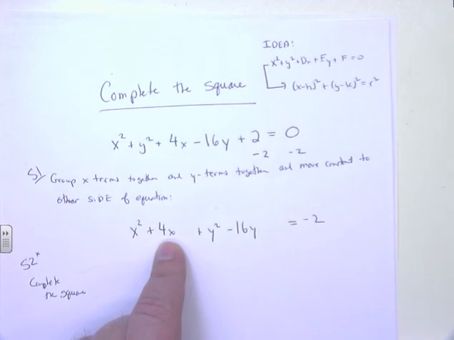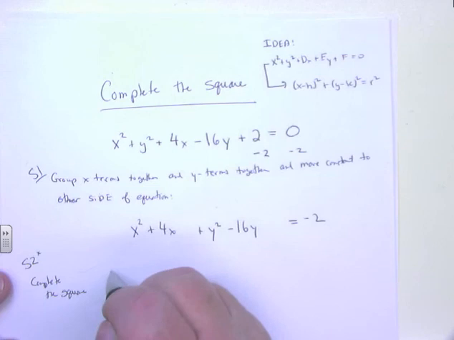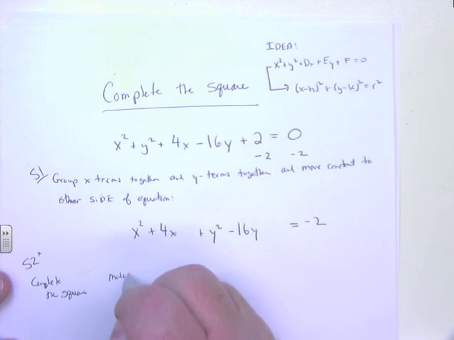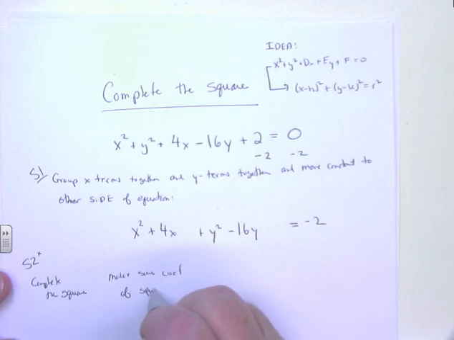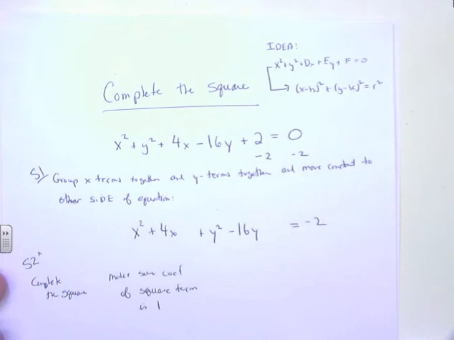To complete the square, you first have to make sure the coefficient of the square term is 1. If it is not 1, then divide, okay? But this is an equation of a circle.